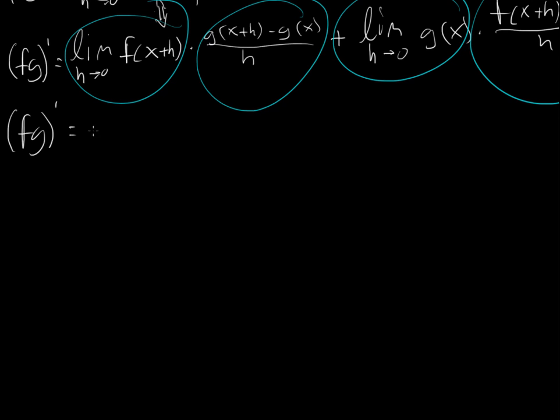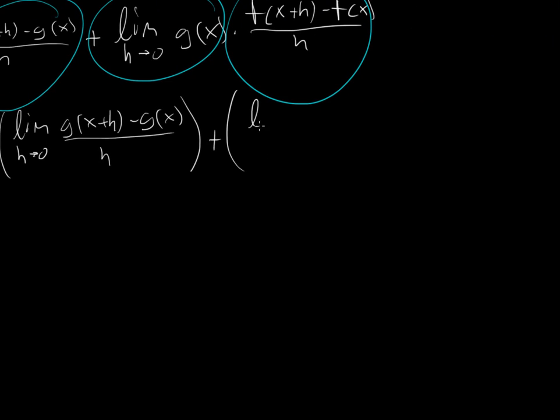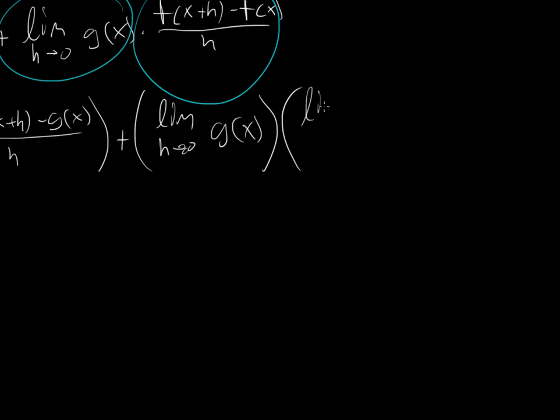So what I'm going to do now is write the limit as h approaches 0 of f of x plus h, that's this part right here, times, just going to put in a parenthesis right here, the limit as h approaches 0 of g of x plus h minus g of x, all of that over h, plus, this plus right here is this plus right here, plus the limit as h approaches 0 of g of x, that's this g of x right here, times the limit as h approaches 0 of f of x plus h minus f of x, all of that over h.